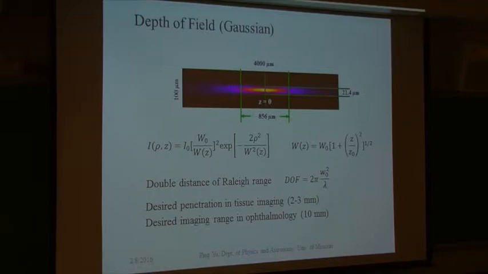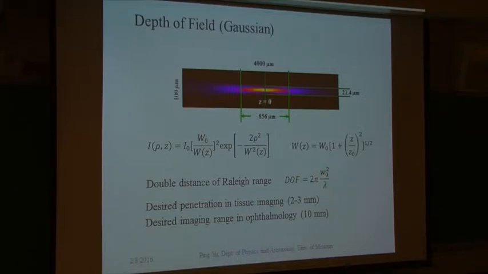And the resolution around the optical axis, or axial resolution, is defined by this term called the depth of field, DOF, which is proportional to W0 squared, which is the beam size at this point, divided by lambda.